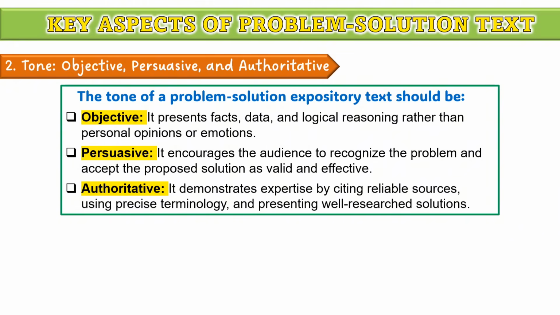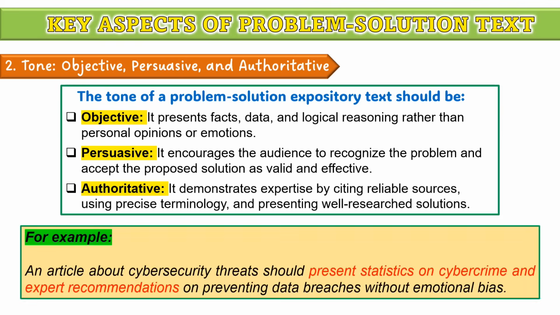Authoritative. It demonstrates expertise by citing reliable sources, using precise terminology, and presenting well-researched solutions. For example, an article about cybersecurity threats should present statistics on cybercrime and expert recommendations on preventing data breaches without emotional bias.